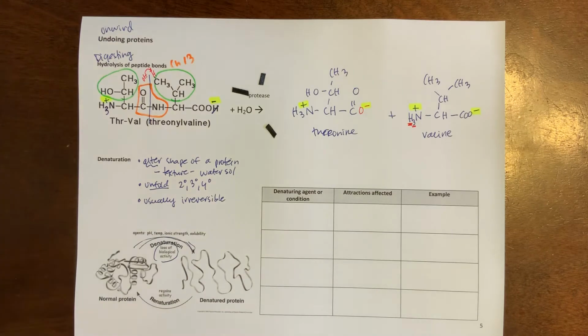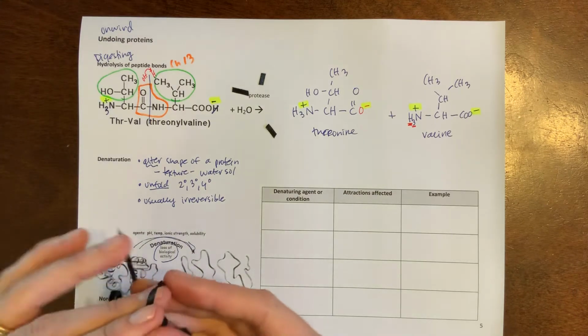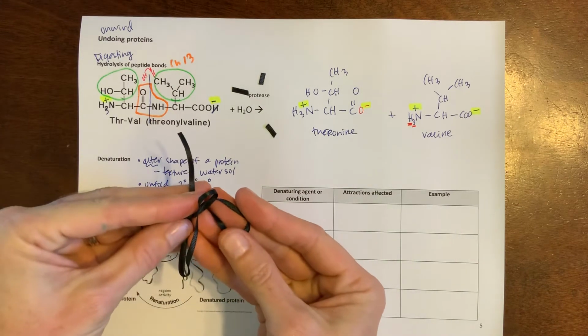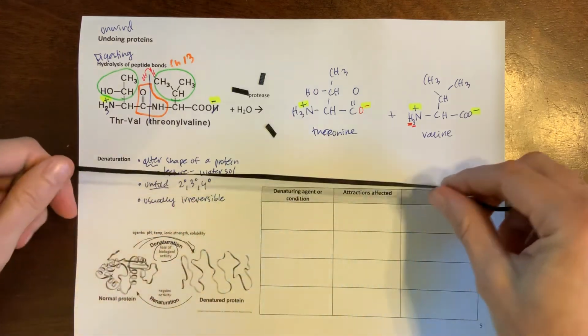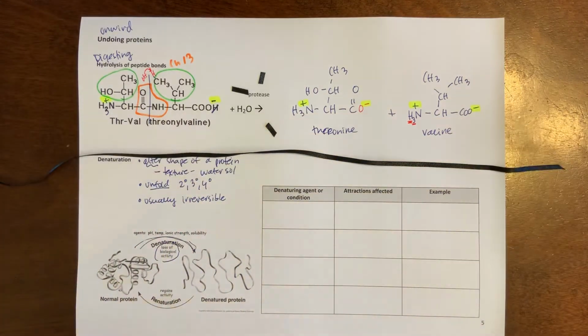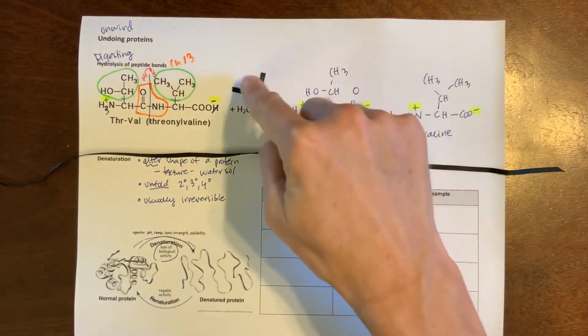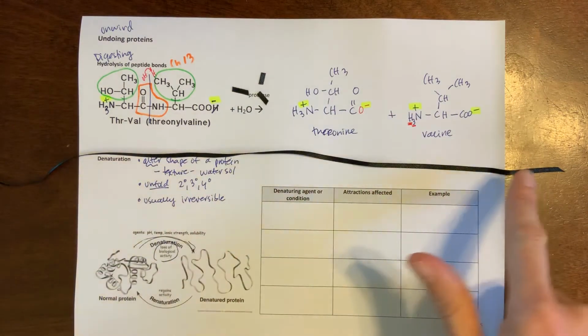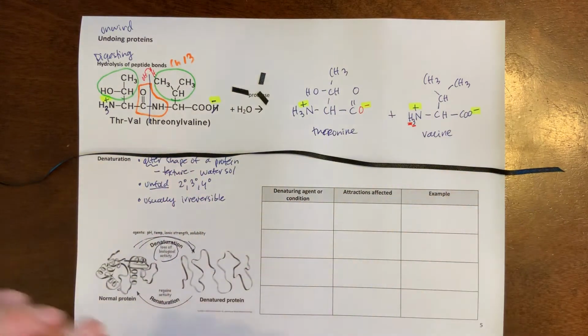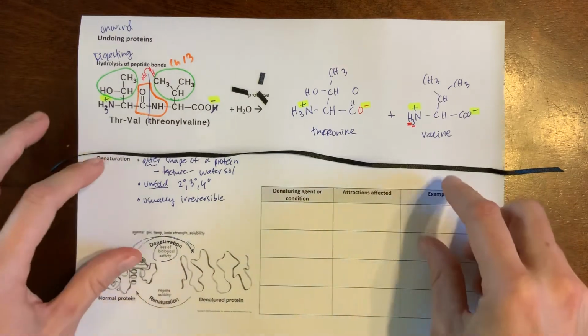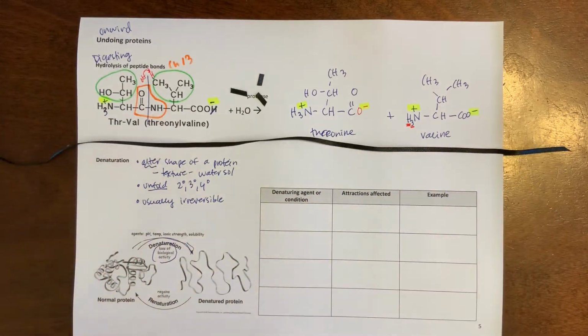So to give you a visual of this, this is gentler. If this is my protein and it's all folded up, this is denaturation. I'm just unwinding it. So not hydrolysis where I chop it up, but just unwinding it. So I still have the primary structure, or that straight bit, present. So let's look at a few different agents that can denature a protein.